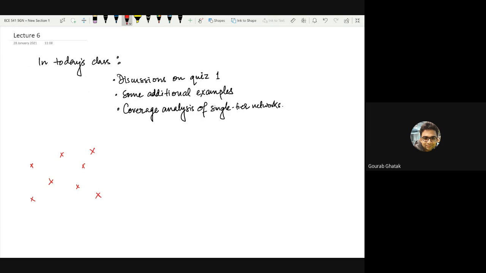Until now in our class we have looked in detail at the nearest point, the closest point from the origin. If you think about these red x's as a homogeneous point process, and you select any random point in the entire plane, not necessarily a point of the point process, just a point in the plane, let's call it this one.